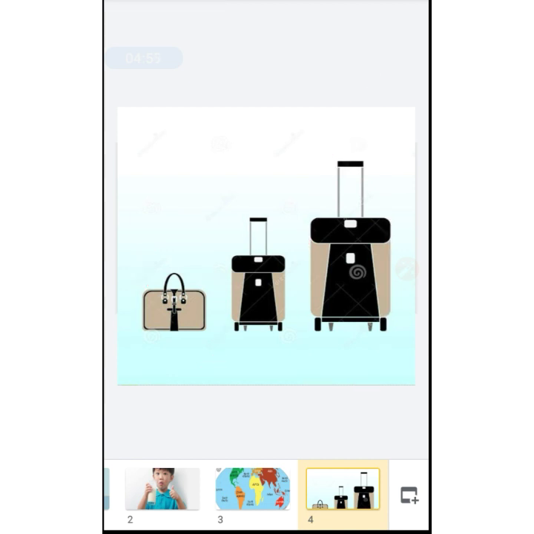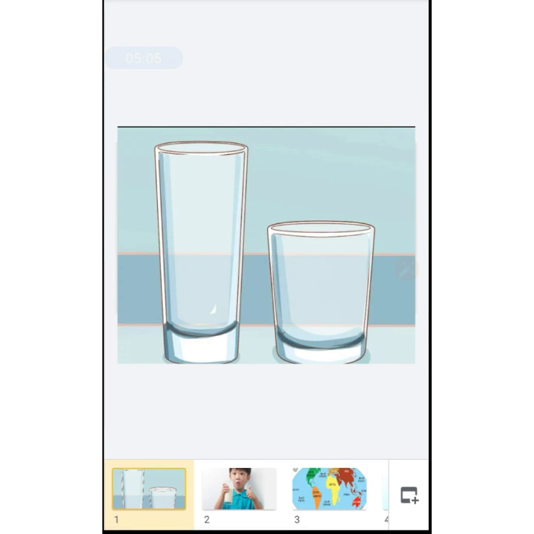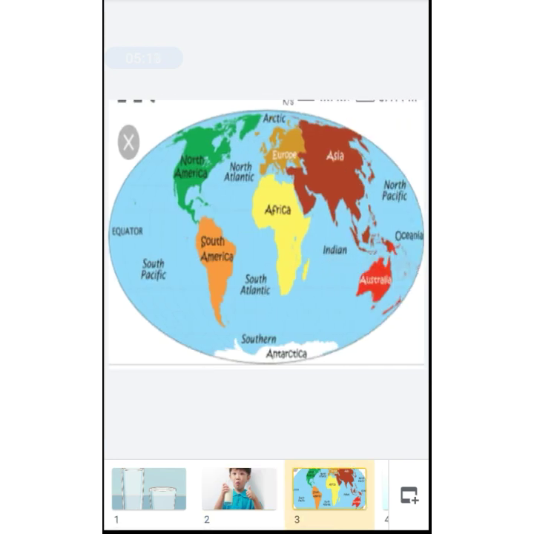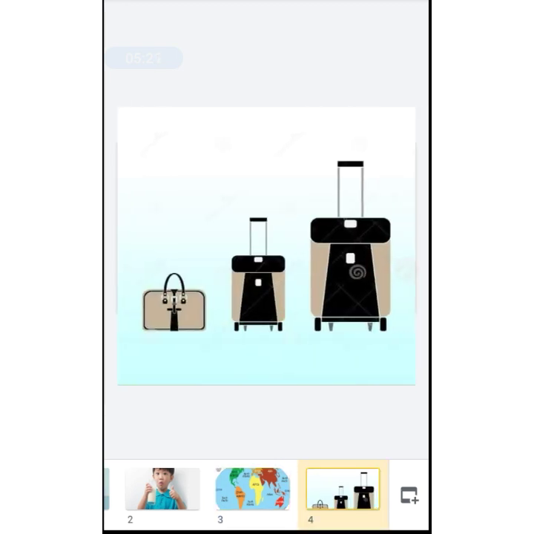So I hope, class, you all are very clear that liquid things like water, oil, milk, they all are measured in liter, whereas distance is measured in meter, kilometer, hectometer, and weight is measured in gram, kilogram, hectogram, milligram.